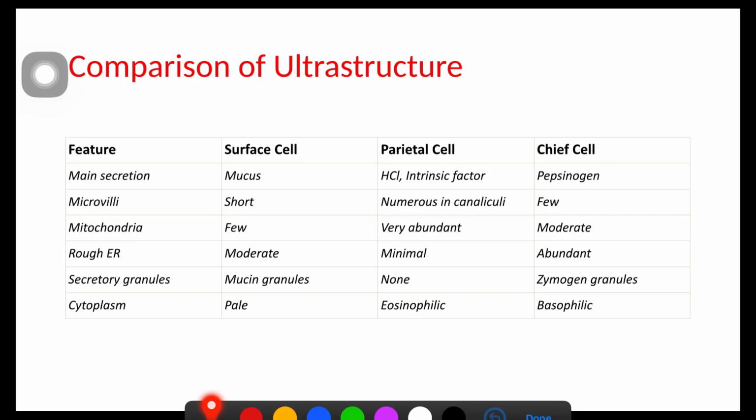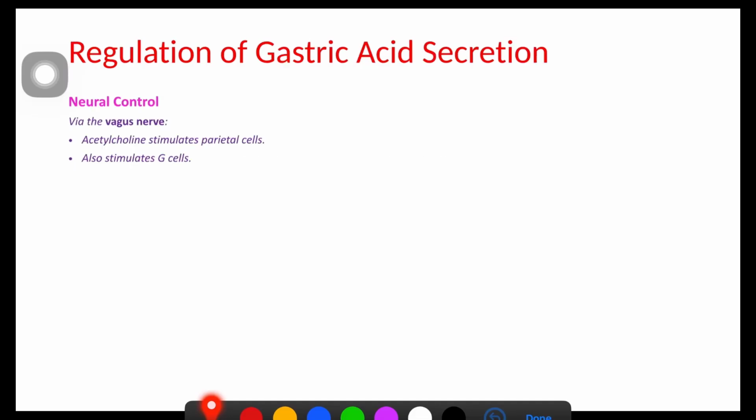Chief cells secrete pepsinogen, with few microvilli, moderate mitochondria, abundant rough endoplasmic reticulum and zymogen granules. So it stains basophilic in nature.